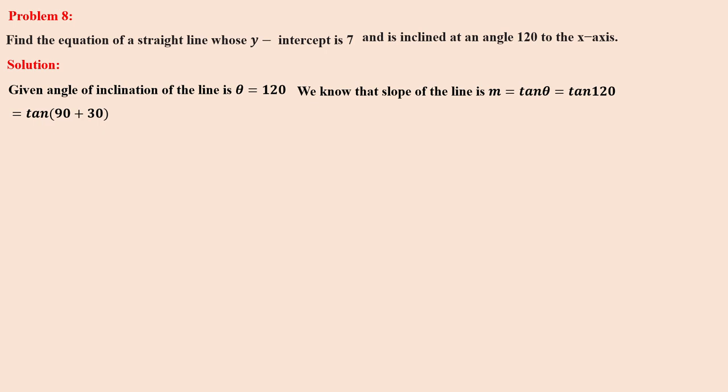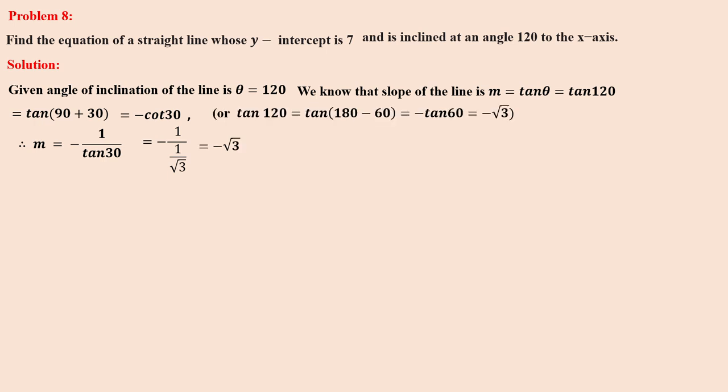Tan 120 can be written as tan(90 + 30). For 90, the co-ratio of tan is cot. In the second quadrant only sine is positive, the rest are negative. So -cot 30, which is -1/tan 30, since cot is 1 by tan. Minus 1 by 1/√3 is equal to -√3.